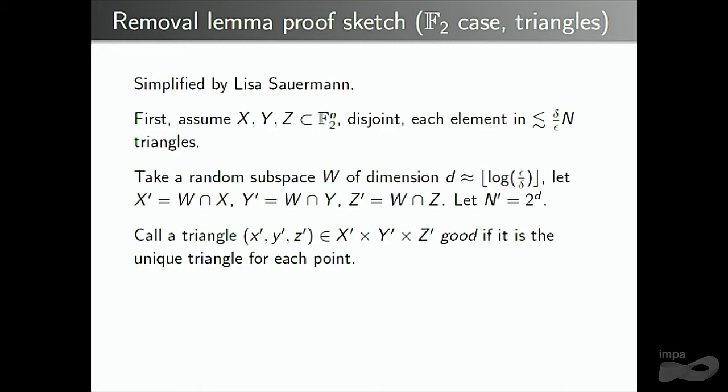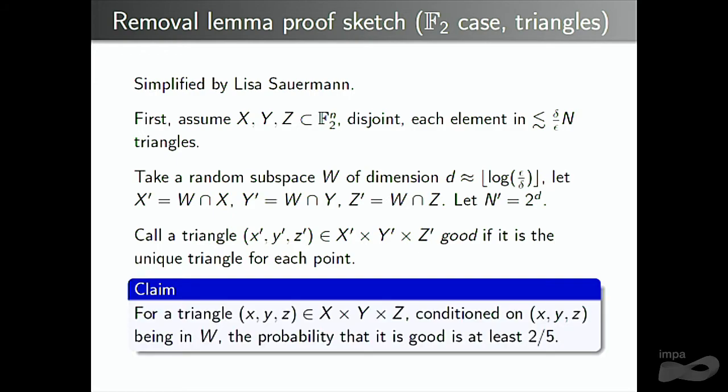So if x prime is not contained in any other triangle, y prime is not contained in any other triangle, and so on. You mean inside X prime, Y prime, Z prime? Yes, a triangle within X prime, Y prime, Z prime.